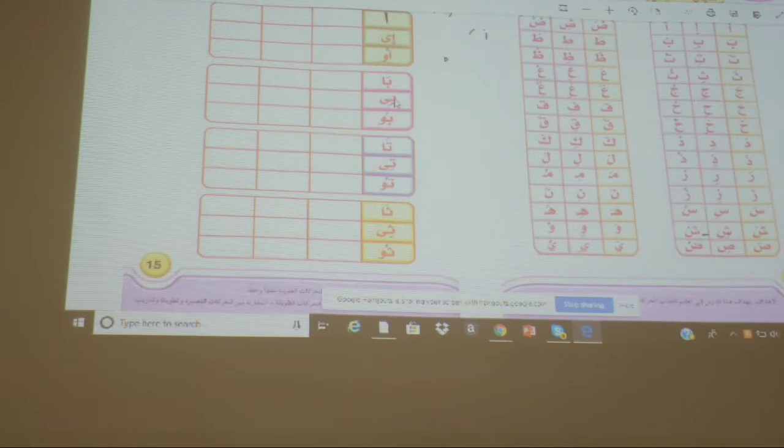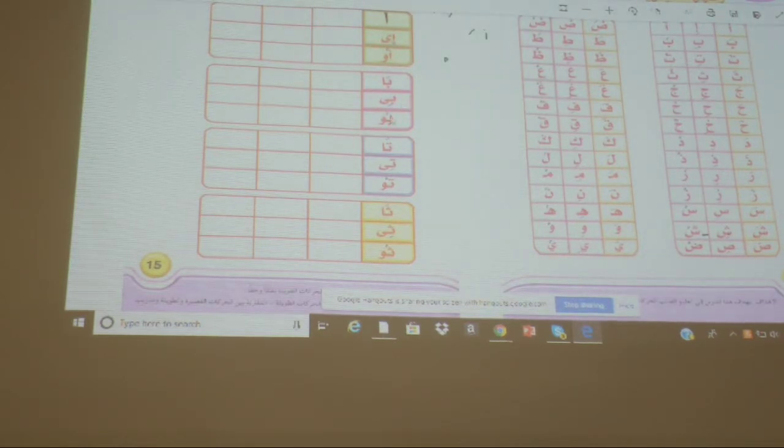Okay, now we have a ba connected with a ya. So what is it? Bi. Not ba, bi. Ba is the short vowel, bee is the long vowel. So it's ba, bee.